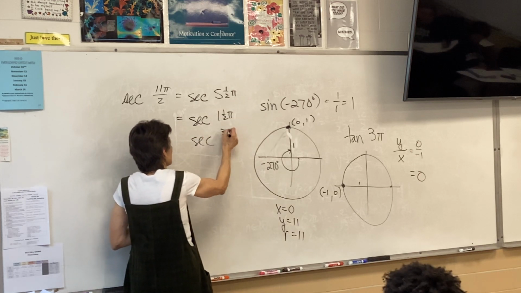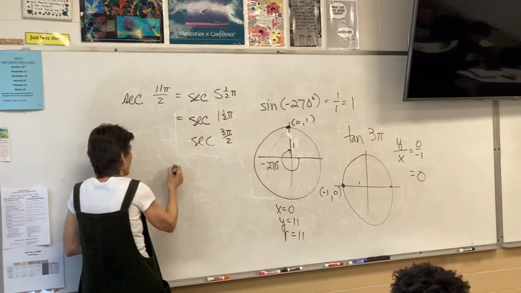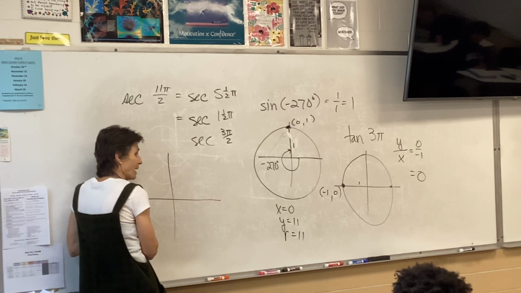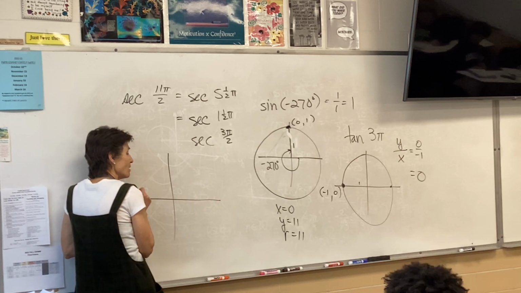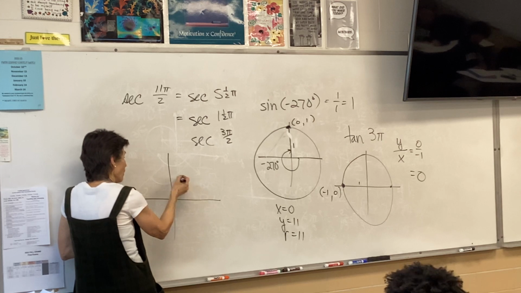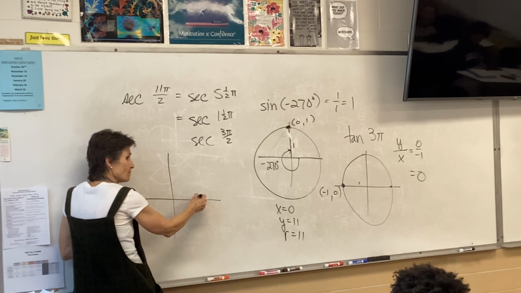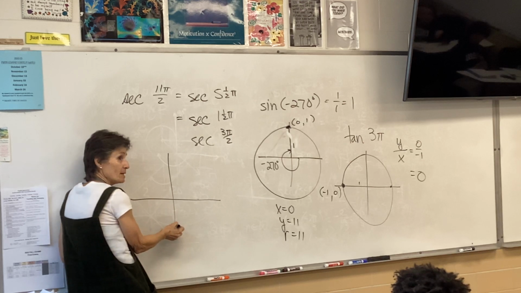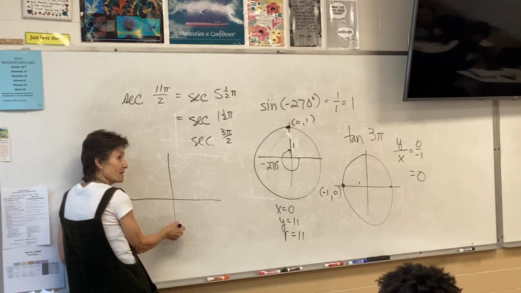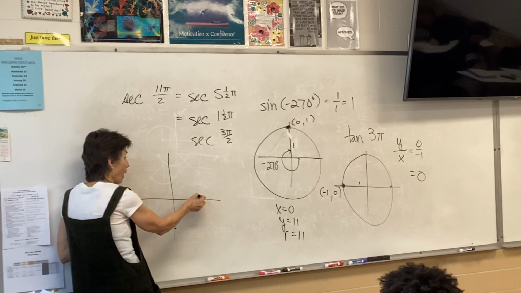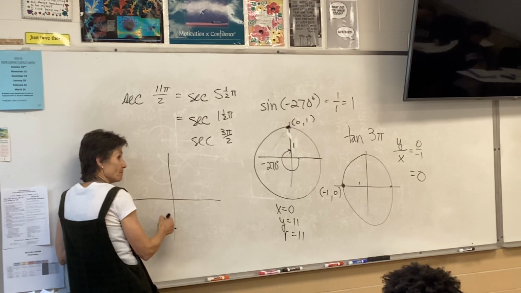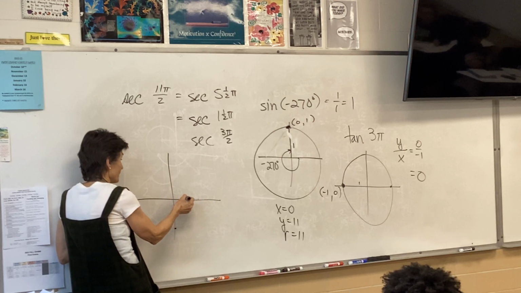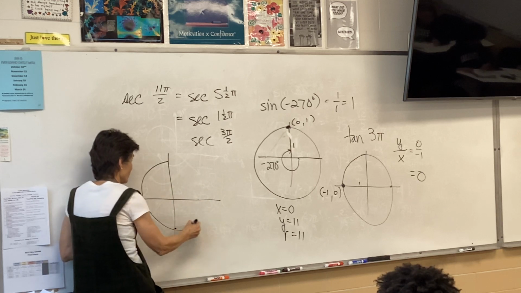Where is 3 pi over 2? Now that's 1.5 pi's. Where is that? All the way around is 2 pi. Halfway is 1 pi. So right here? Would you agree with that? Every quadrant is half a pi. So we're down here.